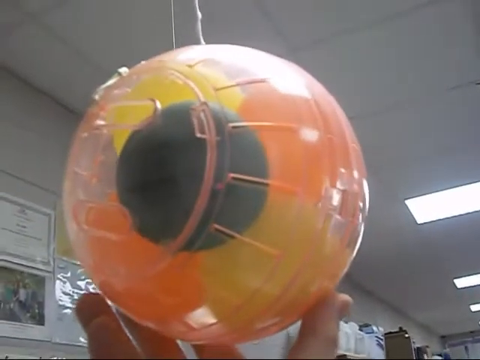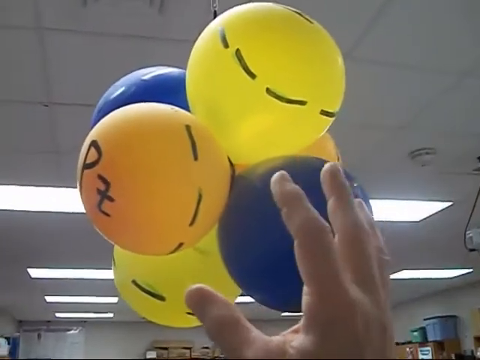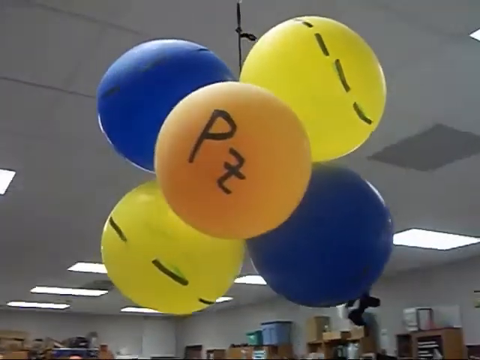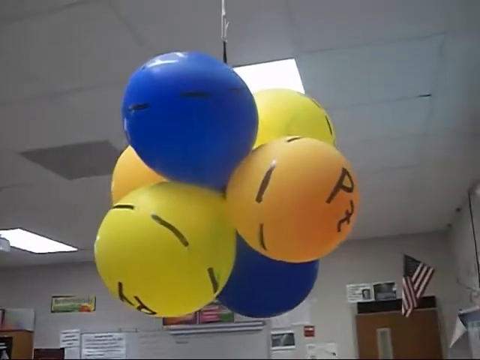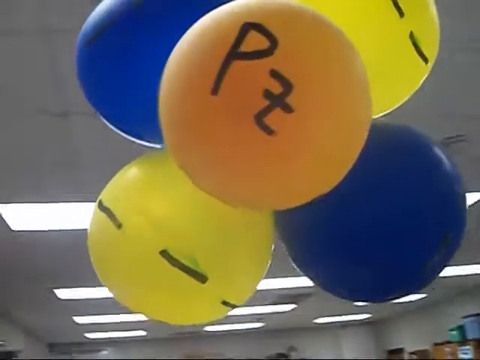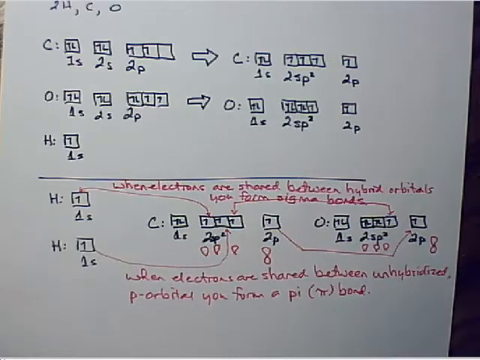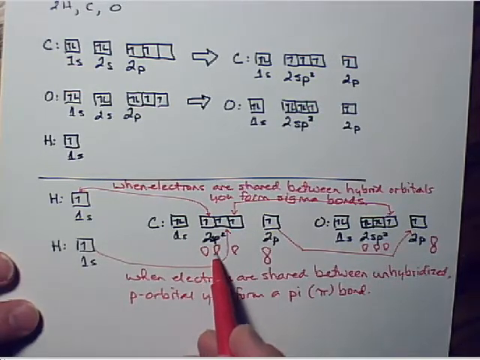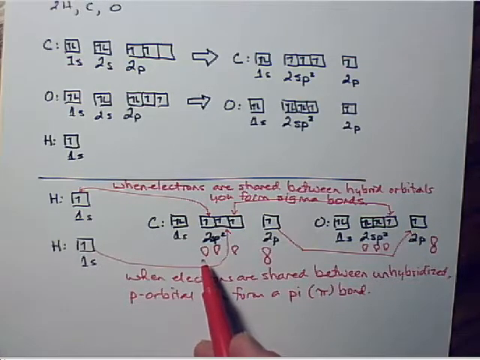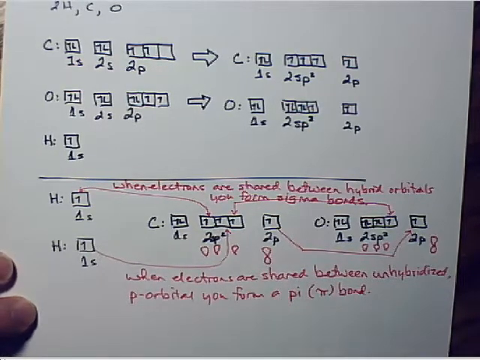S orbitals were spherical, p orbitals were double balloons. So here's these two orange balloons I'm showing you here. That's one p orbital, and so these unhybridized p orbitals will remain as that double balloon sort of shape. At least we think about it that way. We're trying to figure out shapes here. When these single balloon shapes overlap, they form that cigar shape or wiener shape like we did the last time we were doing this. The double balloons do something different, and that's what I'm going to show you now.